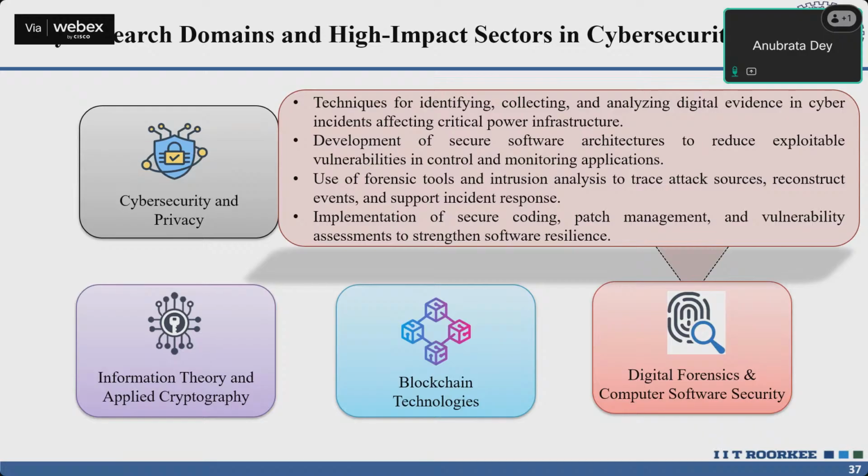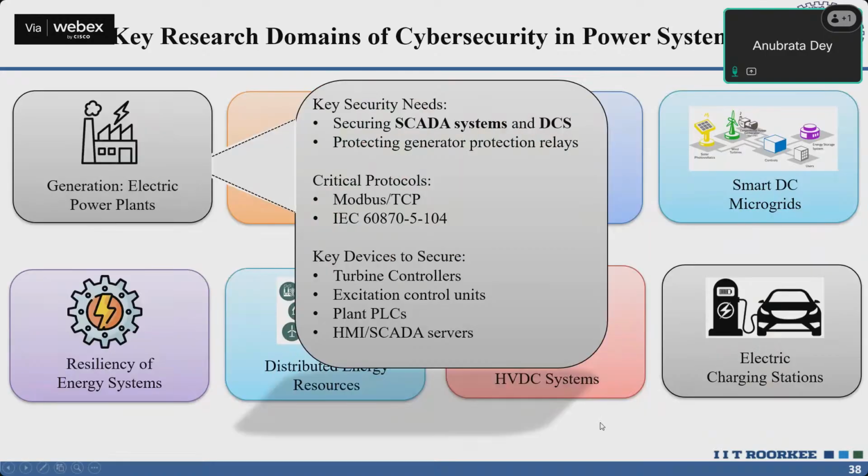Because whenever any attack happens, you have to do the post-mortem analysis. So there you need all these things, the digital evidence from one device to another device, one point to another point. So every point you need this type of system. That's why it comes under this area. This is also an entirely different area.